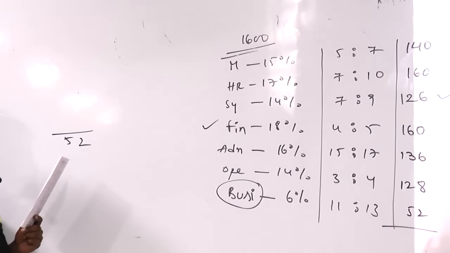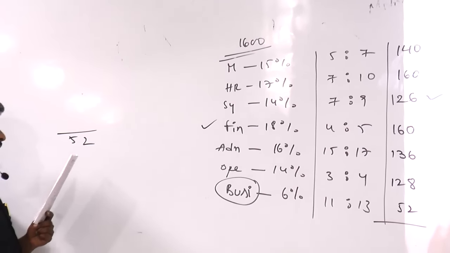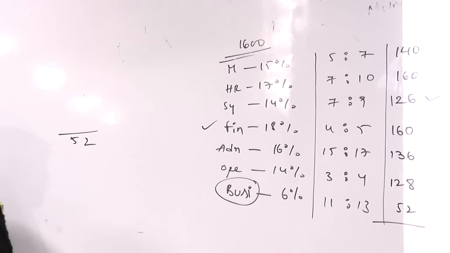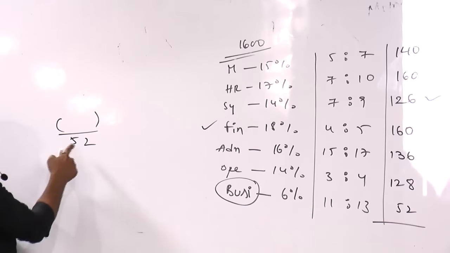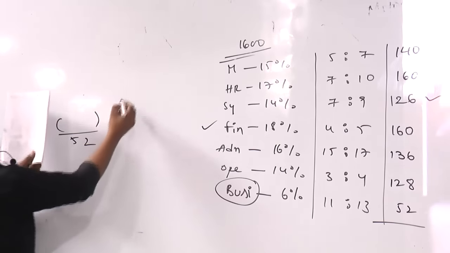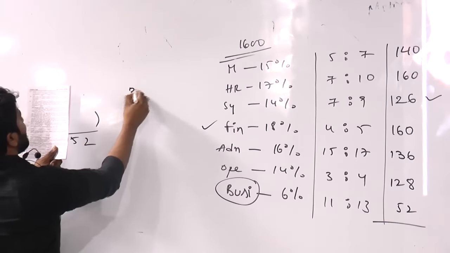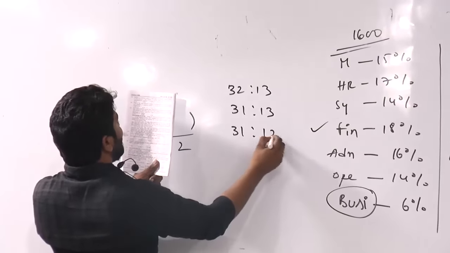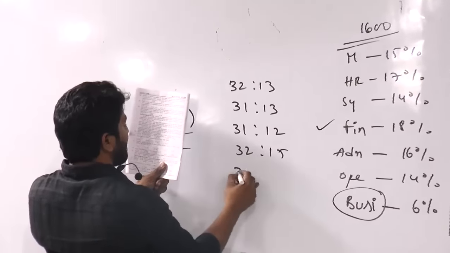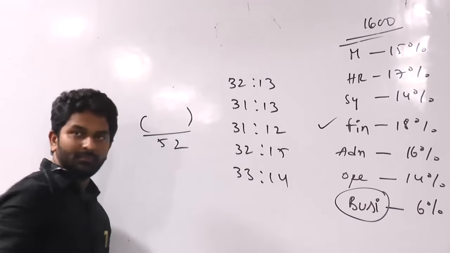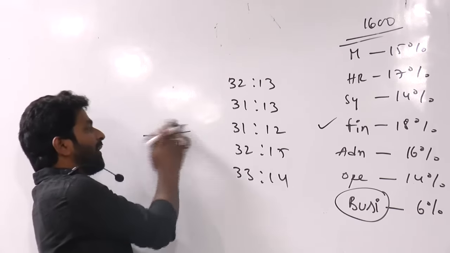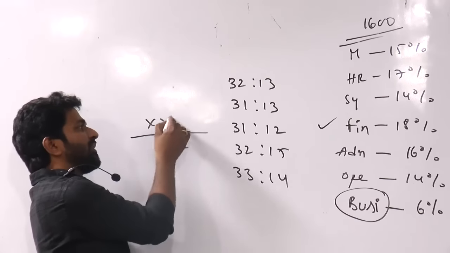52. Answer is either first or second. I don't want to even calculate second number. Before that, let me verify my options. My options are 32/13, 31/13, 31/12, 32/15, 33/14. Denominator is 52. If you calculate numerator, you will have some number, some x, y, z.